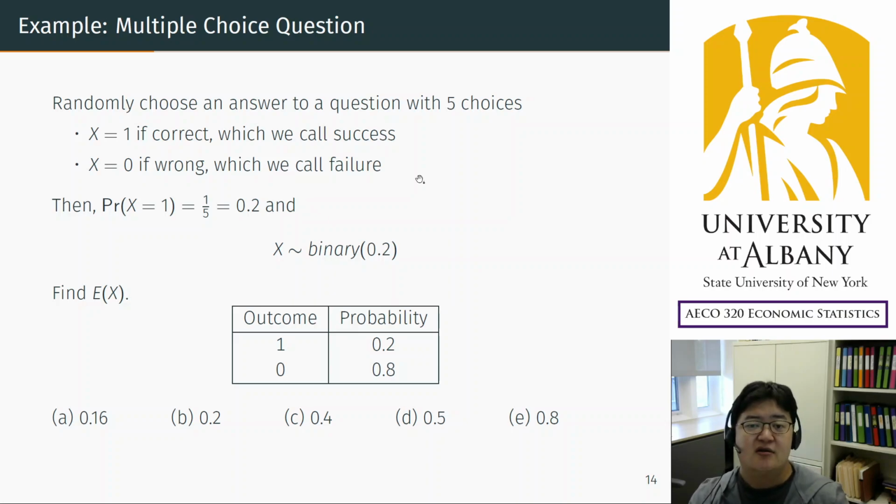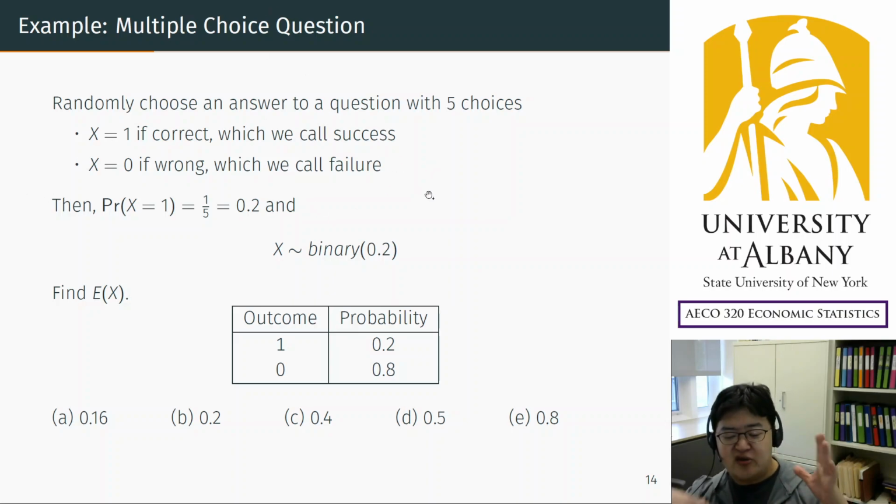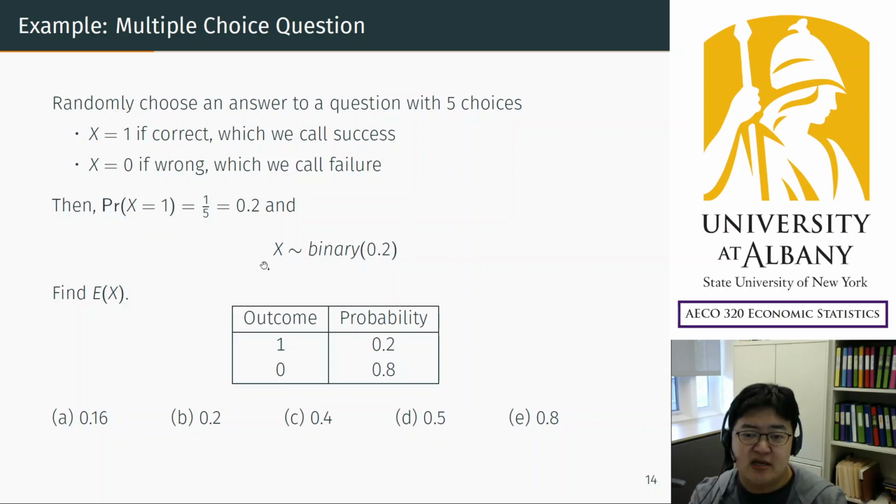So this setup, when you randomly choose one choice from a multiple choice question with 5 choices, the result is a binary distribution. Exactly, it's a perfect example of a binary distribution with probability 20%.